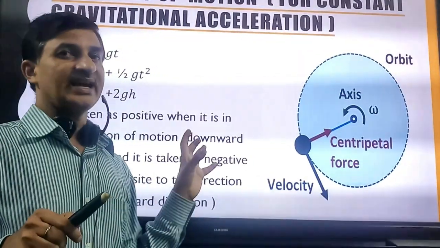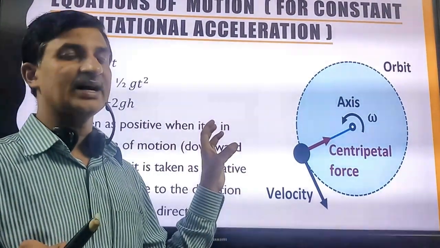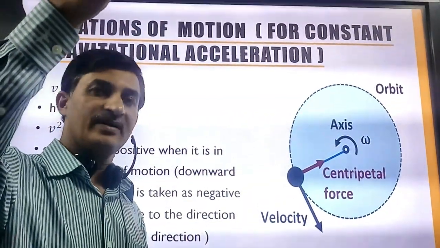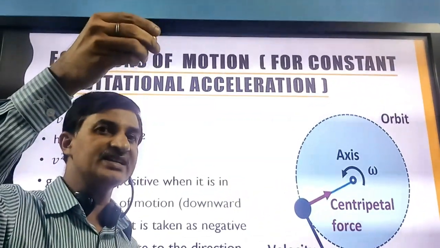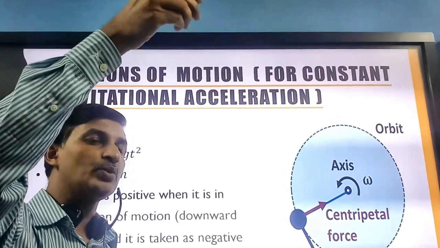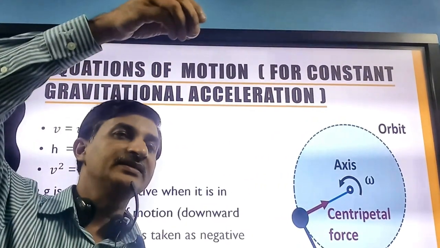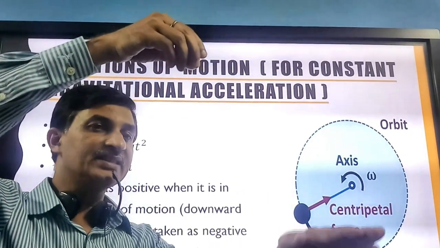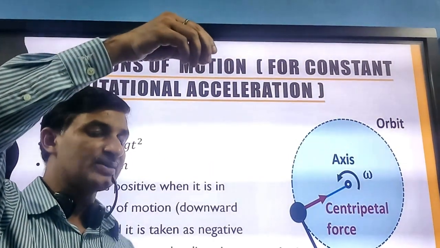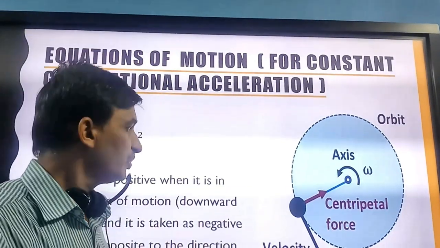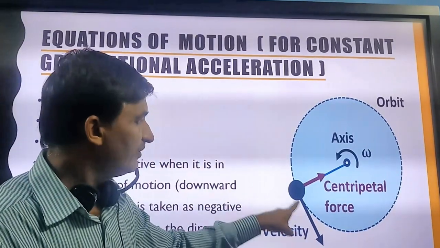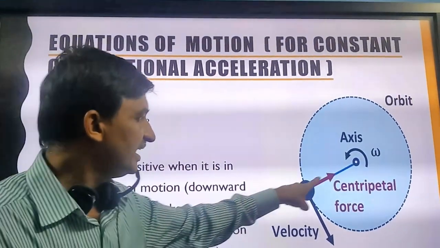And once again, this gravitational force is a centripetal force, meaning a body which is experiencing gravitational force always falls towards the center. The angle which is made between the earth and this falling body is always 90 degrees, and you know that the tangent always makes 90 degrees with the radius.